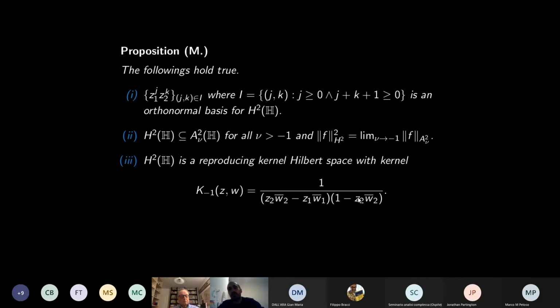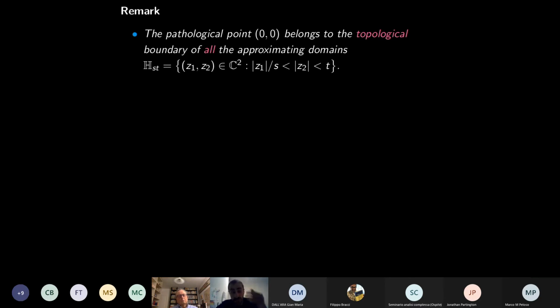Okay, so now a few remarks on this definition. For instance, the pathological point, the origin, which is the pathological point of the topological boundary of the Hartogs triangle, actually belongs to the topological boundary of all the approximating domains we consider.